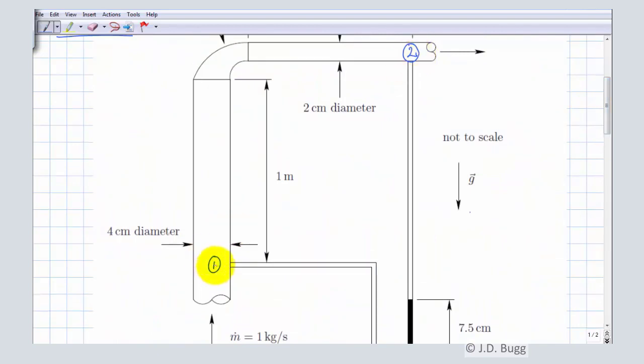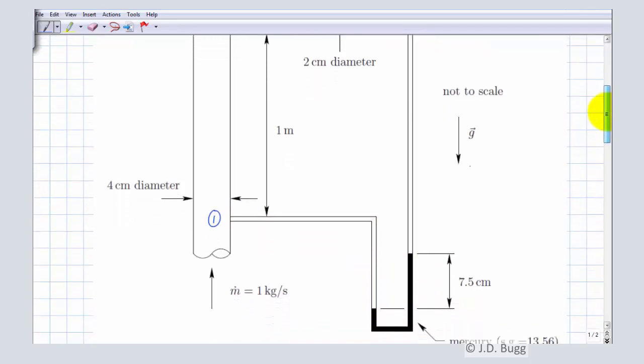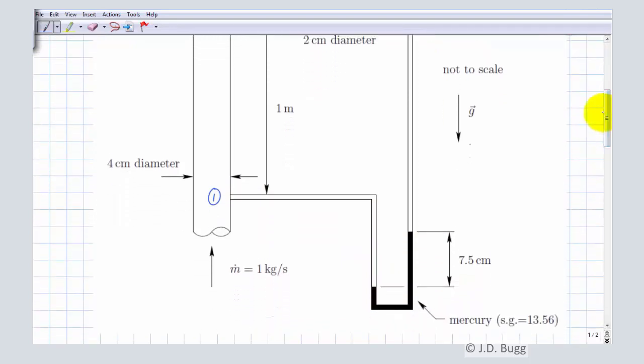And the way we're going to do it is by taking a look at this manometer. So like we did when we did manometer problems near the beginning of the course, the way we do it is we go from this point to that point through the manometer. And every time we see the fluid change, so here it's changing from water to mercury, we label the point.